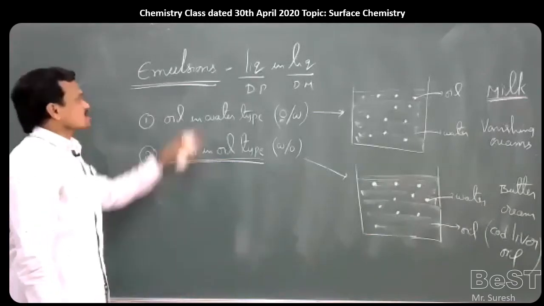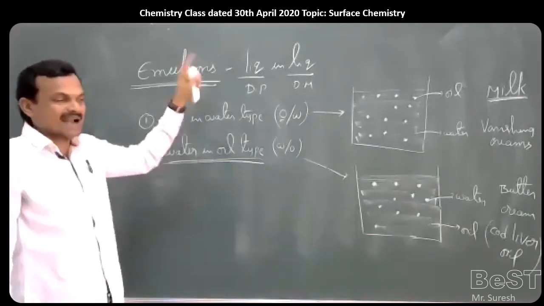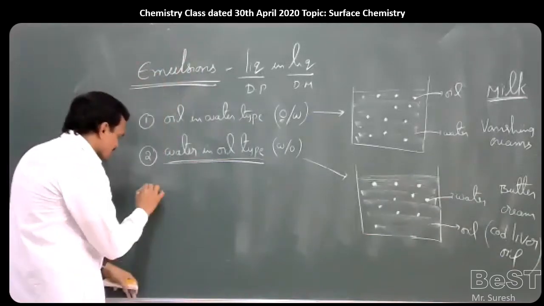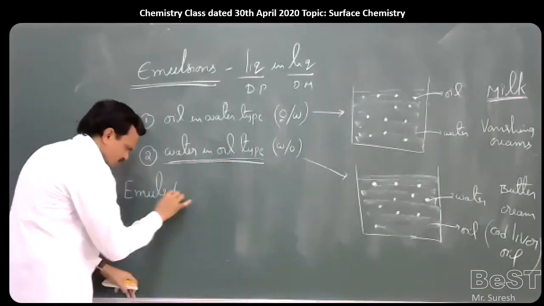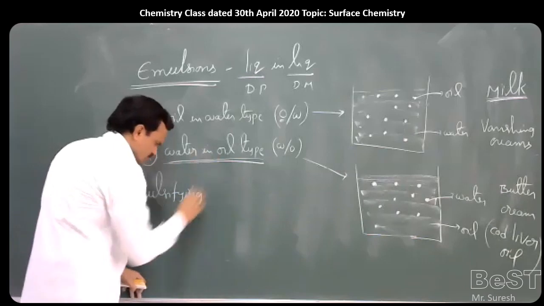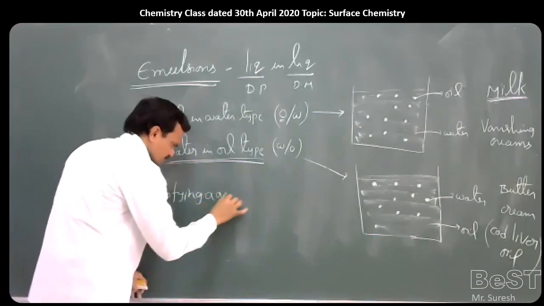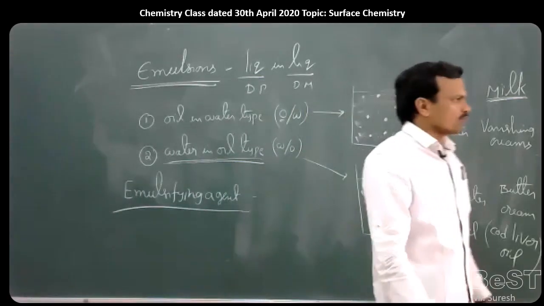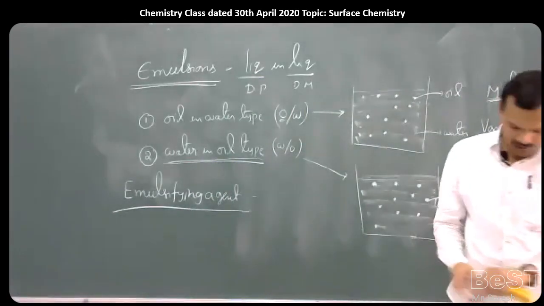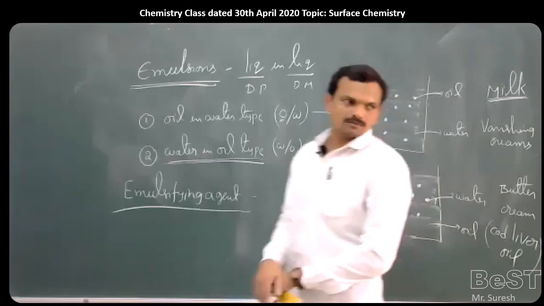But to keep the emulsion stable, we should add a third substance called an emulsifying agent. What is an emulsifying agent? Generally, emulsions are less stable.